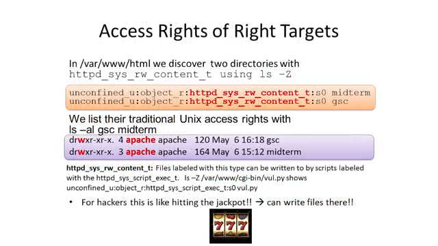Here are the access rights of two writable target directories. In /var/www/html, we discover two directories have this httpd_sys_rw_content_t, where rw stands for read and write, and _t stands for type.